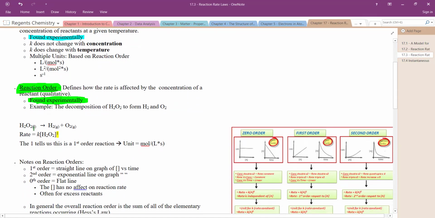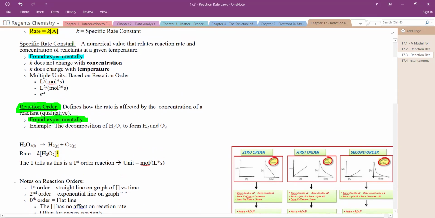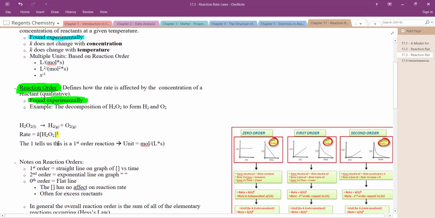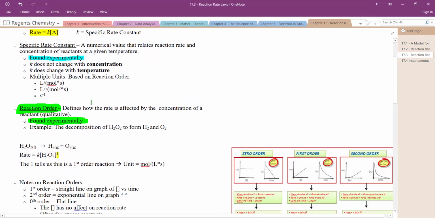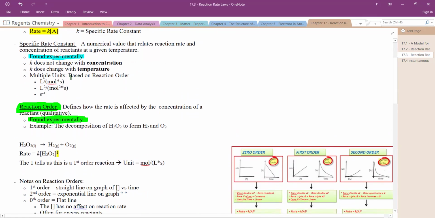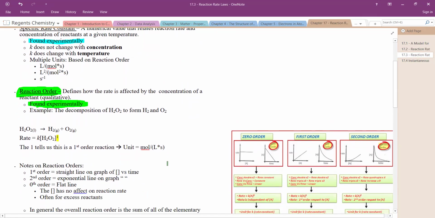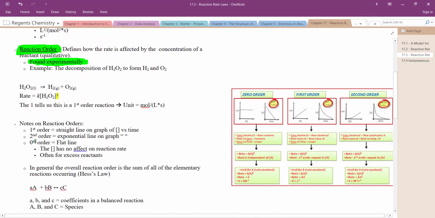And I said our rate is equal to k, our specific rate constant, times the concentration of our hydrogen peroxide raised to the first power. This actually tells us that this is a first order reaction. So we go back to our units and we say, cool, it's a first order reaction. That means the units are mole per liter times second. Okay, so that's our units there.